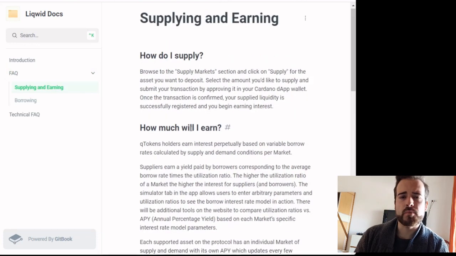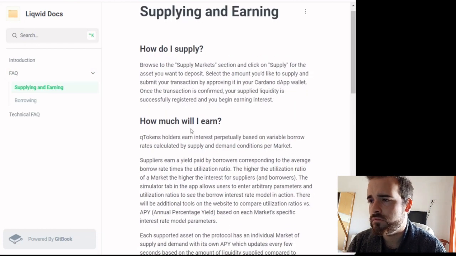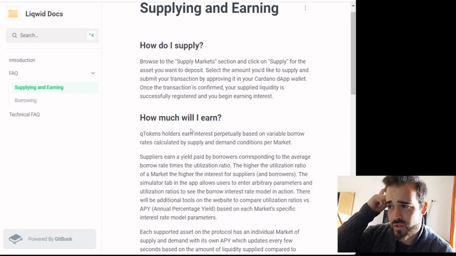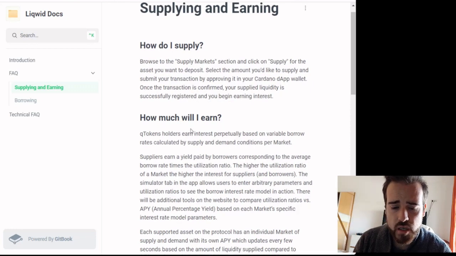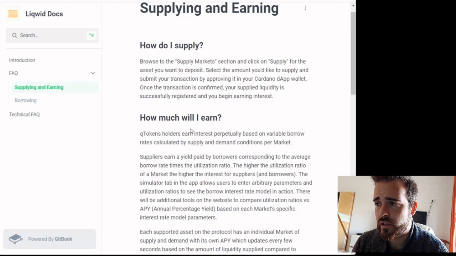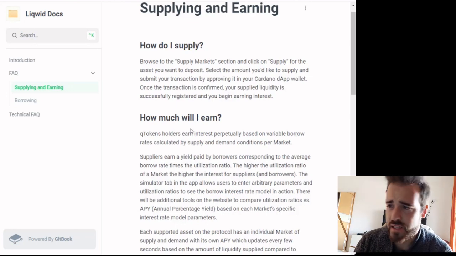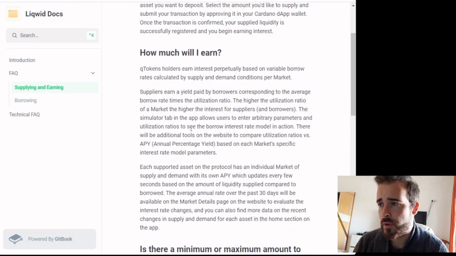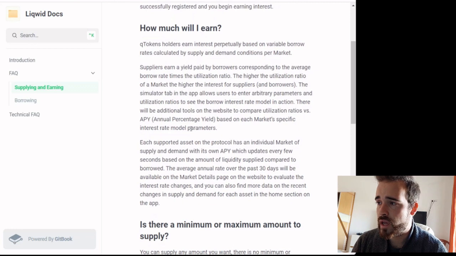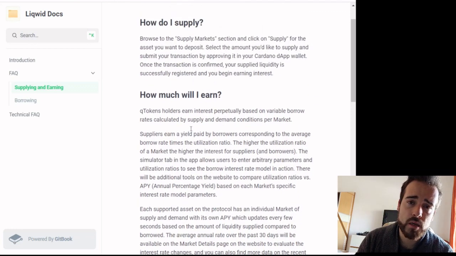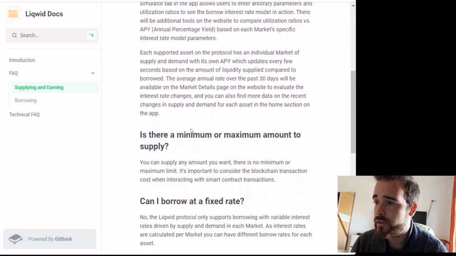So let's dive a bit deeper into how this Liqwid protocol works. Right now, for example, the only asset we have available is ADA to supply and to borrow. So taking ADA as an example, when we supply ADA into the protocol, we basically get qADA back, in a similar amount to the amount of assets we supplied.